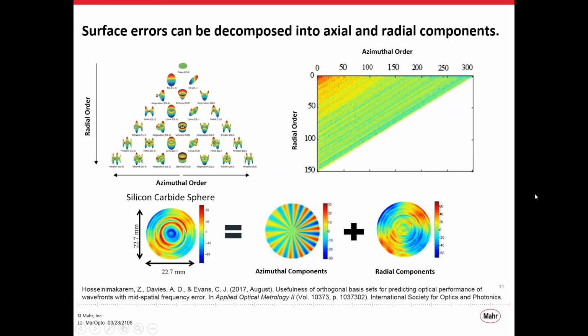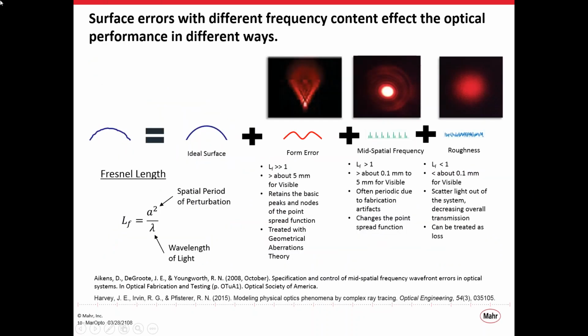So I think, as many of you may know, the errors in an optical surface can be thought of as divided into three regimes, depending on the dominant effect that the surface error has on the light propagating through the system. At one end of the spectrum, there are low spatial frequency errors that are often referred to as form errors. They have periods that are much, much larger than the wavelength of light.